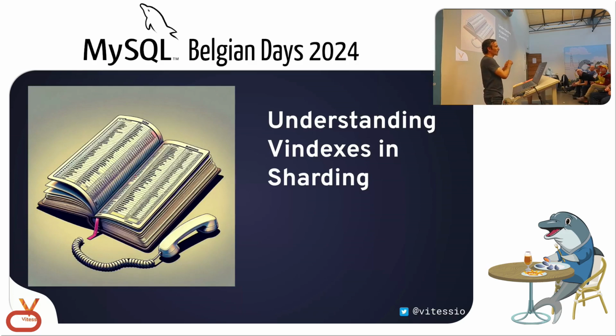They help us map from a column value to the sharding key, so that by issuing an extra query, we can figure out which shard to send this query to, and not have to scatter to everything. It's like an old phone book. It's like an index, right? You have the column value and the primary key in the same index, basically.